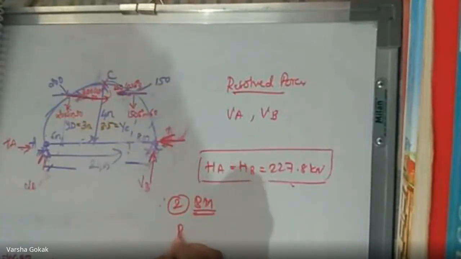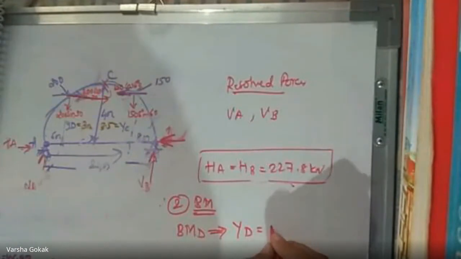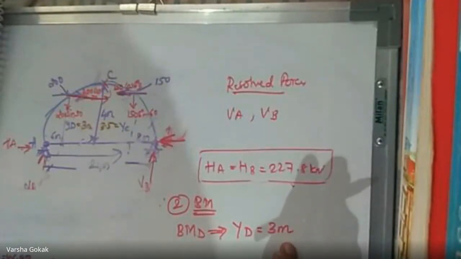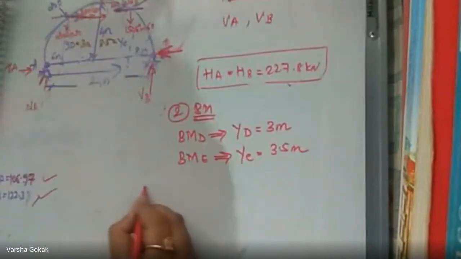To find bending moment at D I require YD, and I know the value of YD is 3 meters. No need to again write the slope and rise equation. Then I have to find bending moment at E, for which I require YE, that is 3.5 meters. Correct?